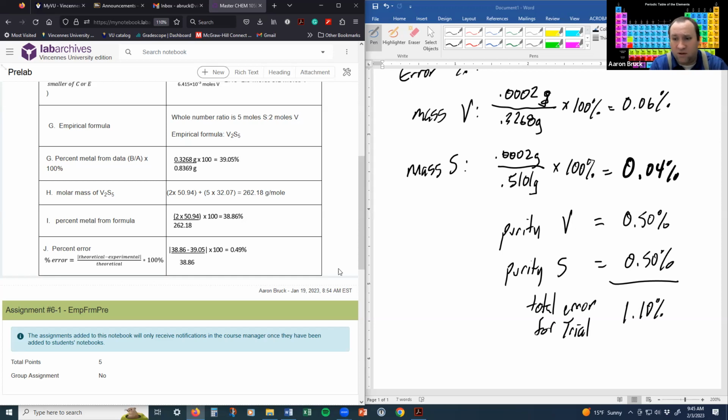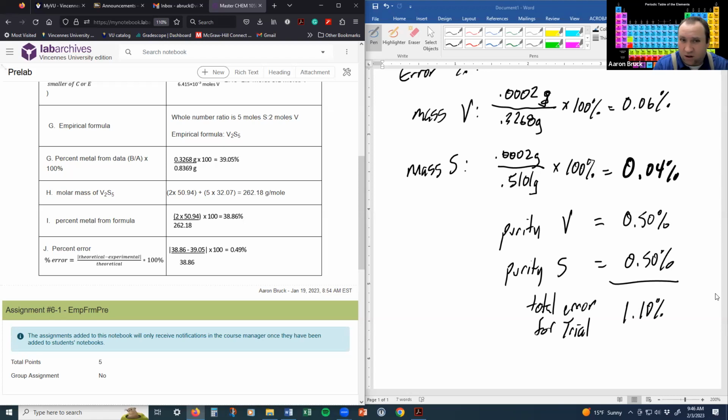One last important note. These errors that we are calculating here are a bit of an overestimate. We're taking a little bit of liberty in saying that the full amount of the error is 0.5% for each of those substances. It's likely lower. But since that is the assay limit of the substance, we're going to take the worst case scenario and say that the substance reaches that assay limit.